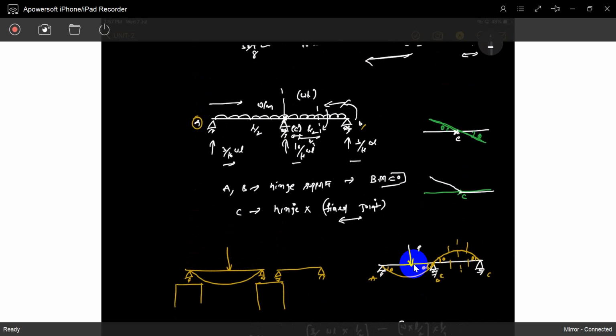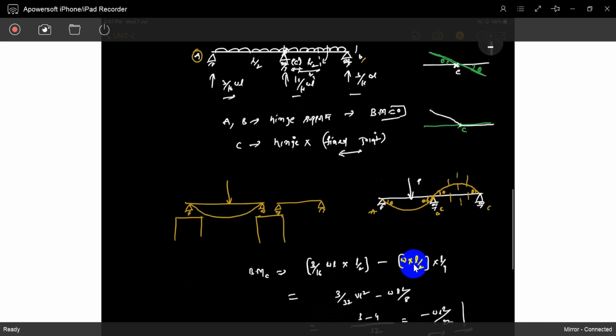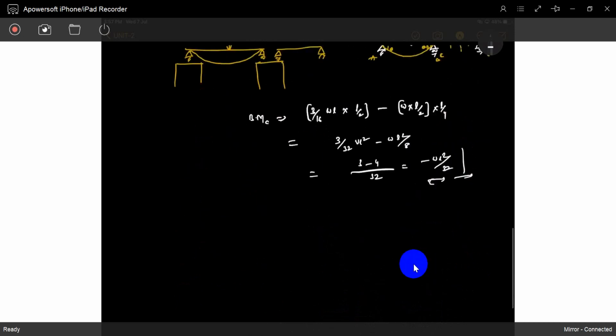So the purpose of this problem is to write down the free body diagrams. I will write free body diagrams.